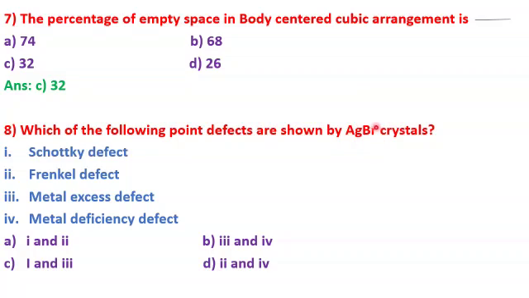For AgBr, you have to remember that it shows both Schottky defect as well as Frenkel defect. It is the one crystal which is an example for showing both. So our answer is A, 1 and 2.